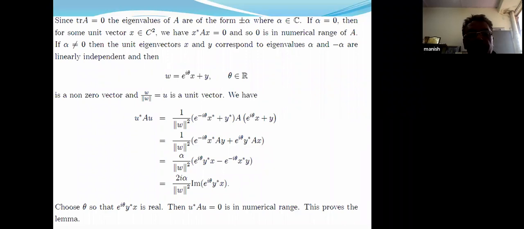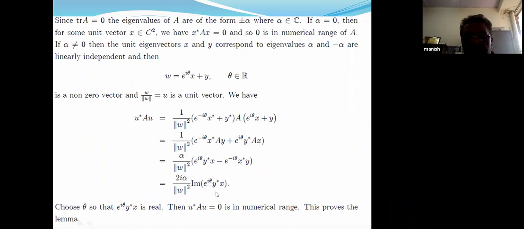W is equal to exponential iota theta x plus y. We take this vector; then it is not equal to 0 for any theta because x and y are linearly independent. And we take u to be the unit vector w over norm w. Then we calculate u star A u. This on calculating comes out to be this expression. Here the imaginary part has exponential iota theta y star x.